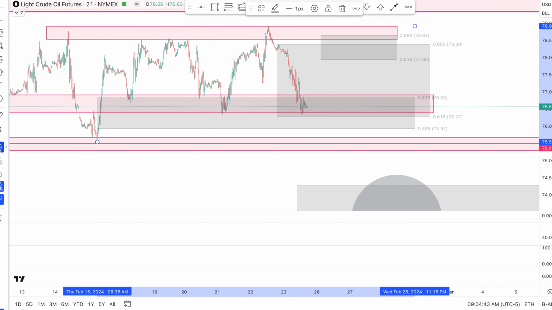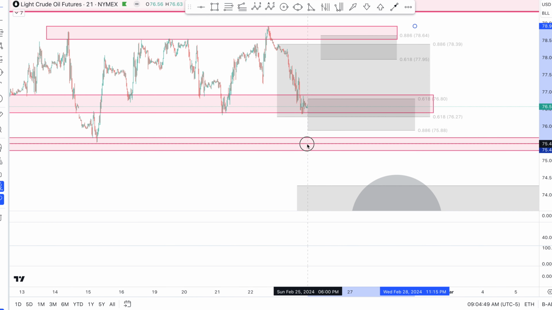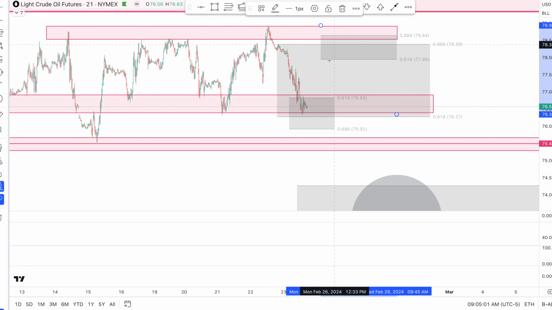The low is 75.50. So if it wants to keep coming down, there you go. Here's your zone. It's already in the zone. It's already in the 618, 886 of this retrace down.